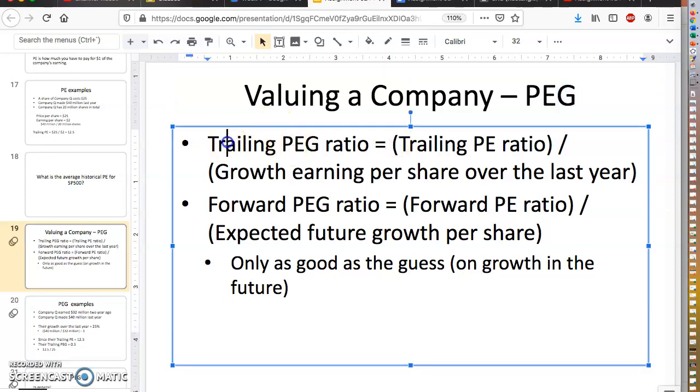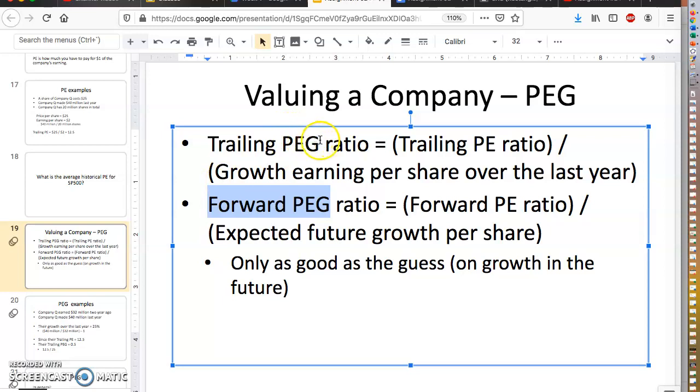So once again, you can have a trailing or forward PE, and likewise a PEG using past information, or a PEG using your best guess on what's going to happen in the future.